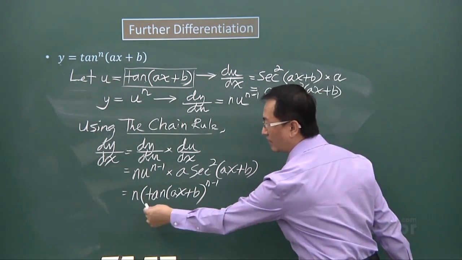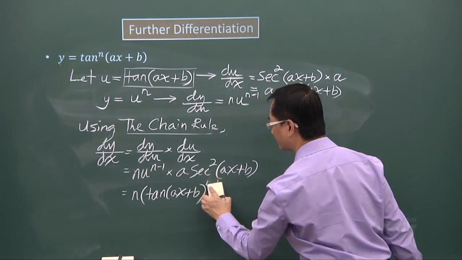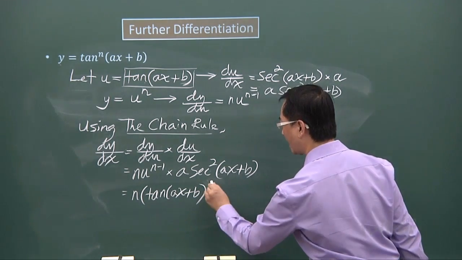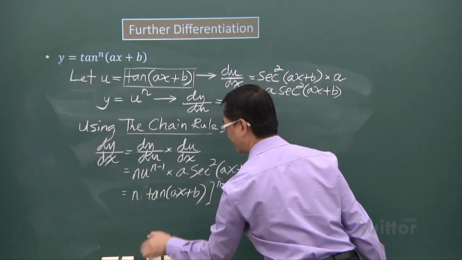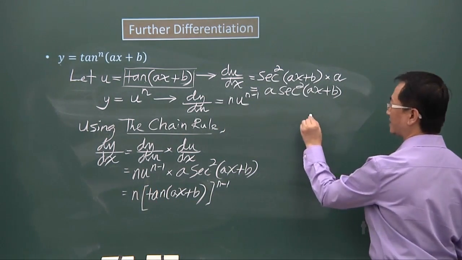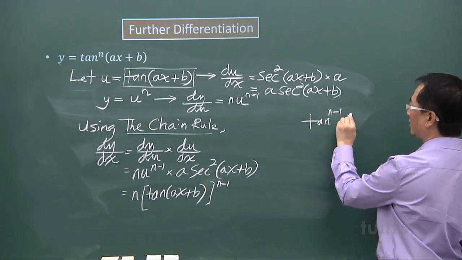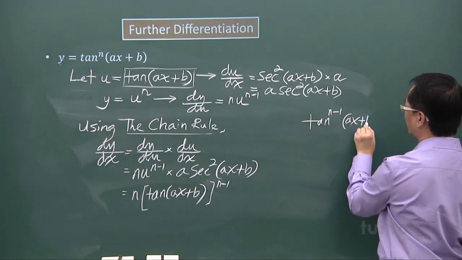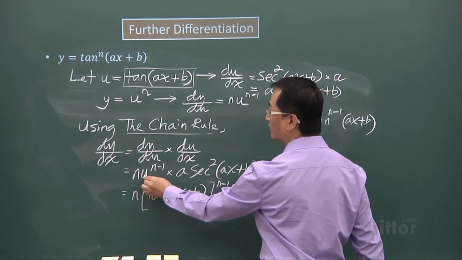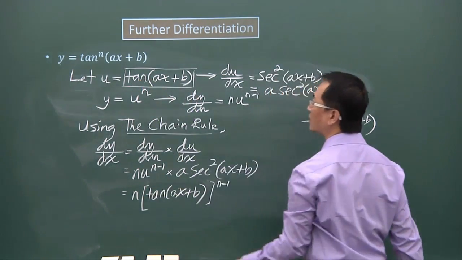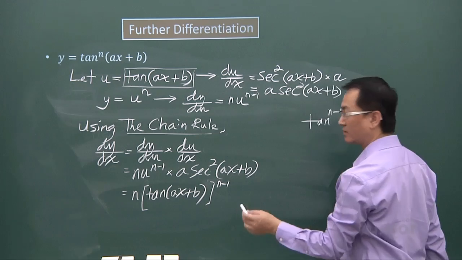I prefer to write it this way to show you they're actually the same as this: tangent to the power n minus 1 bracket ax plus b. But I take it in a raw form first. Where you have the u, I put in tangent bracket ax plus b, raised to the power n minus 1.